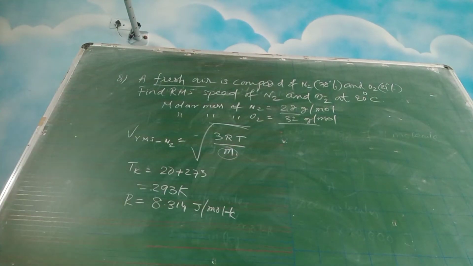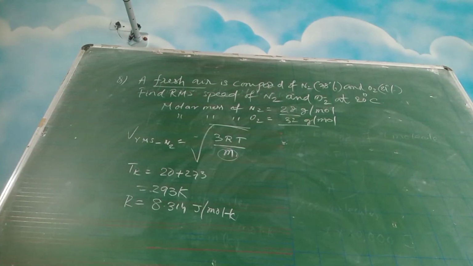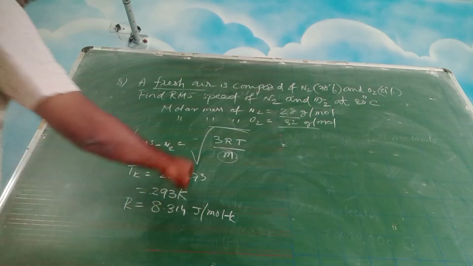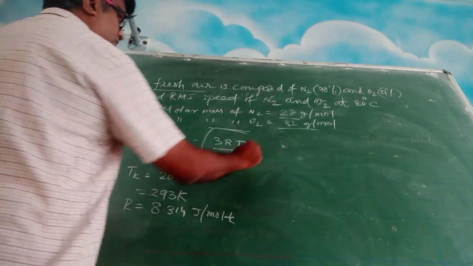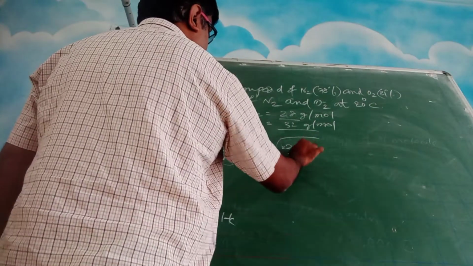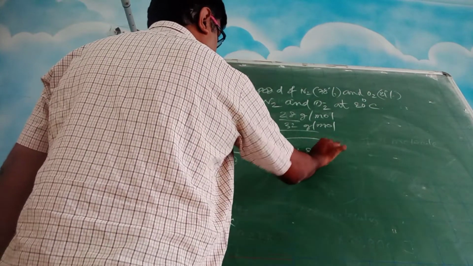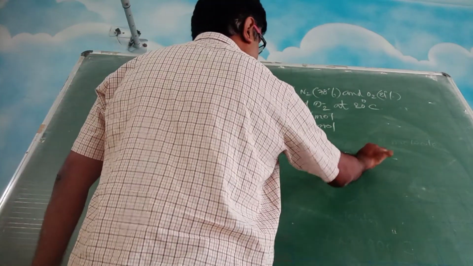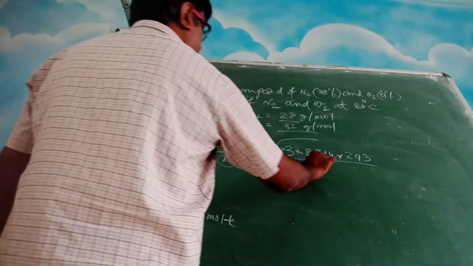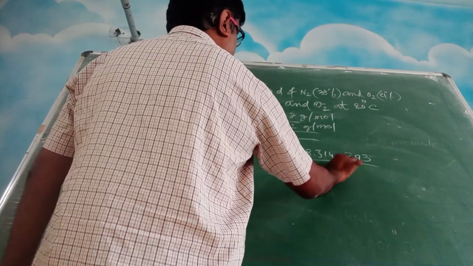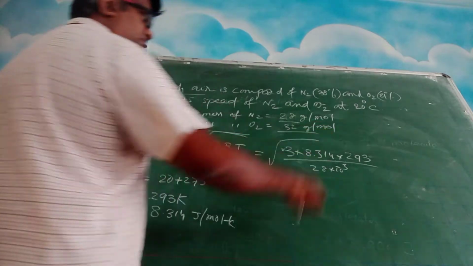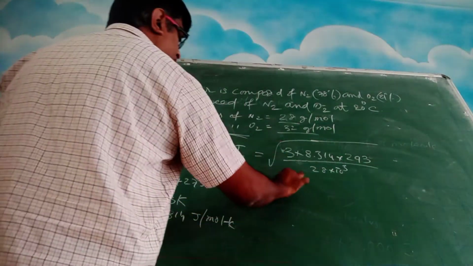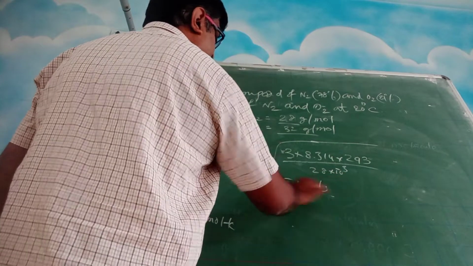Now M should be in kilograms per mole, I told you. Now it is given in grams per mole, so you have to convert this into kilograms per mole. So if you put the values here, 3 into 8.314 into 293, divided by 28 into 10 to the power of minus 3. You calculate, you will get 511 meters per second.